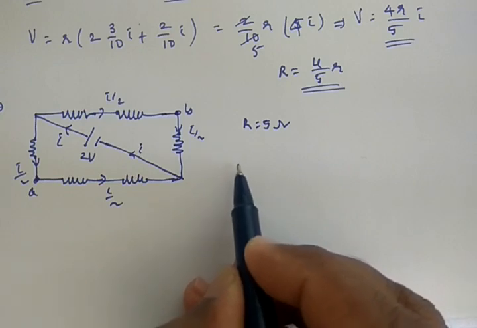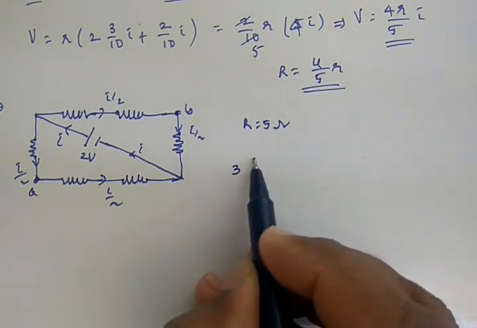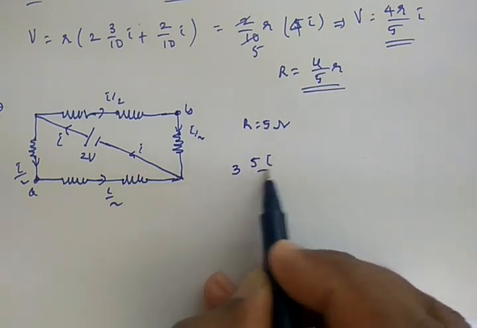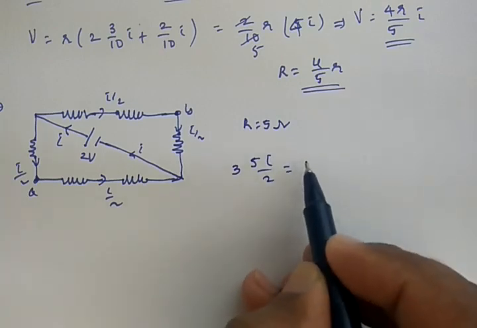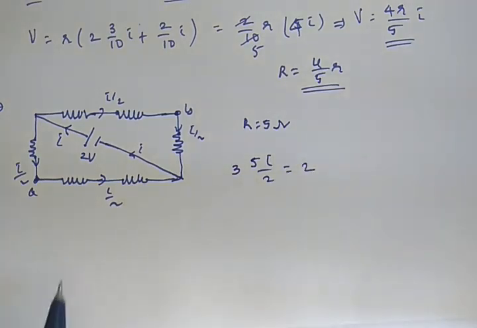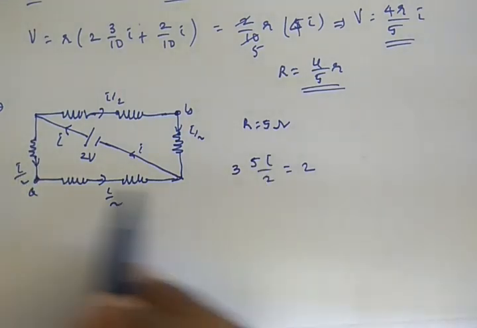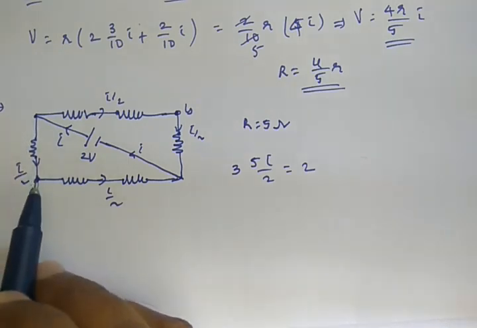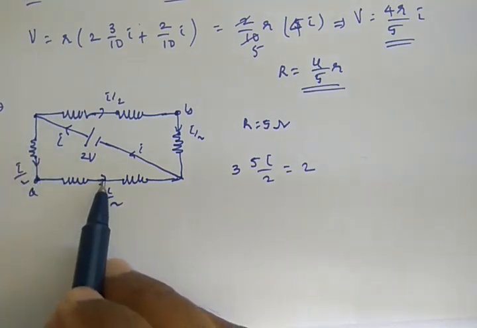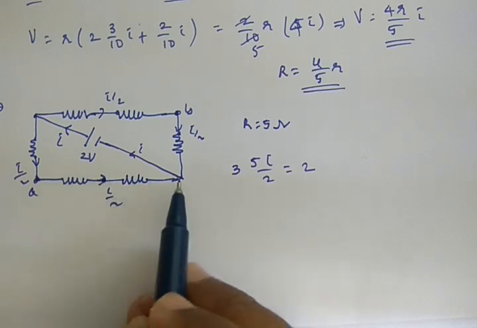So 3 into 5 I by 2 equals 2, because 5 is the resistance of this resistor and I by 2 is the current, so 5I by 2 is the voltage drop here, 5I by 2 voltage drop here, and 5I by 2 voltage drop here.